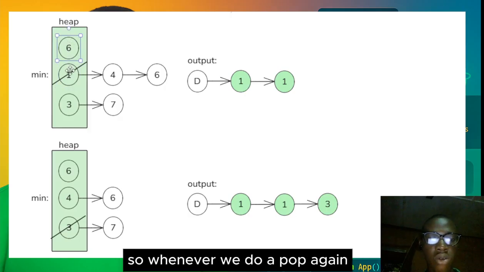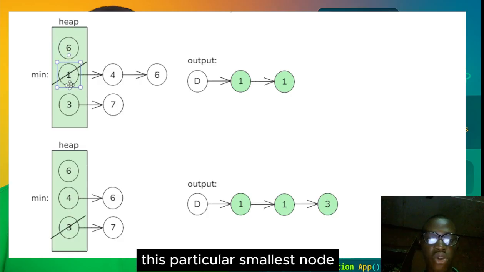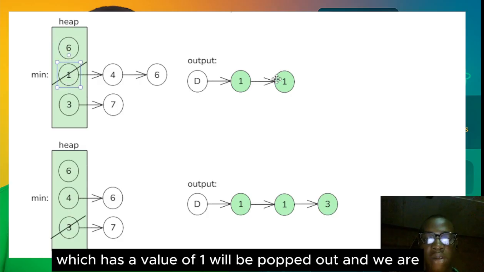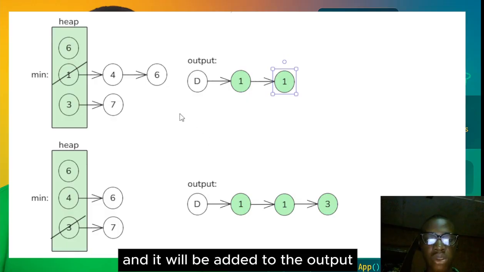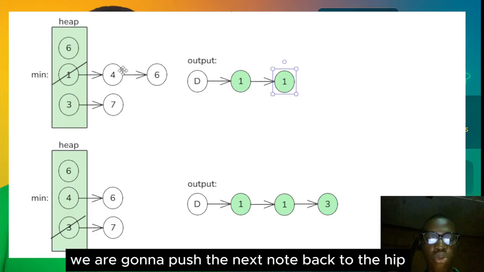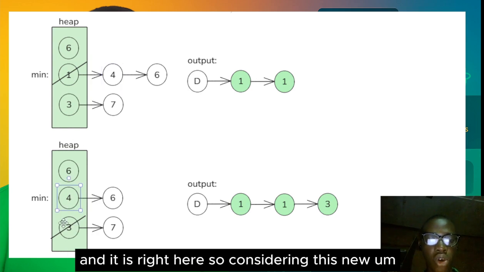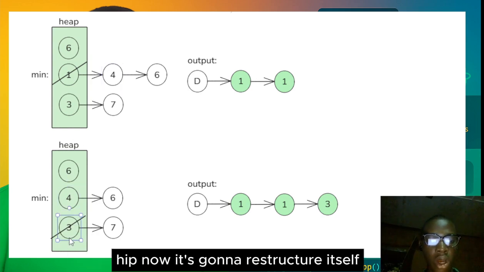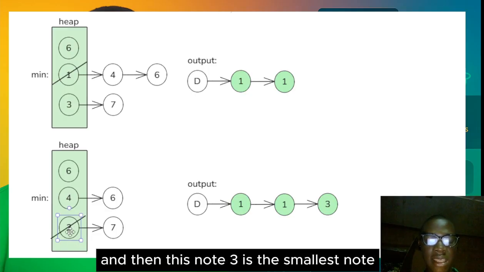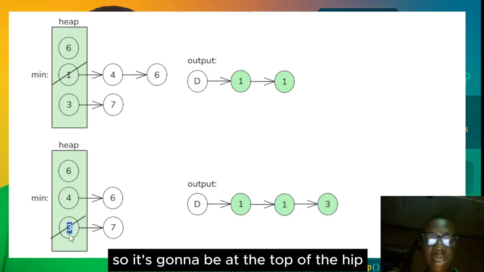So when we pop again, this smallest node, which has a value of 1, will be popped out and added to the output. Once it's popped out, we push the next node back to the heap, and it is right here. Considering this new heap, it's going to restructure itself, and node 3 is the smallest node, so it's going to be at the top of the heap.